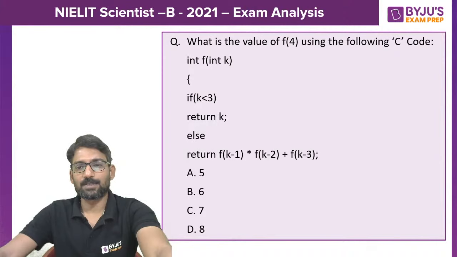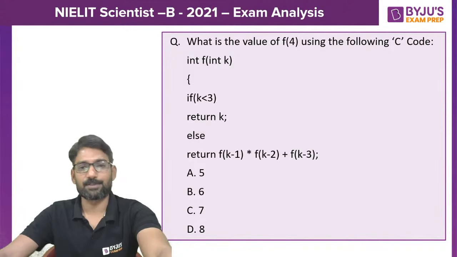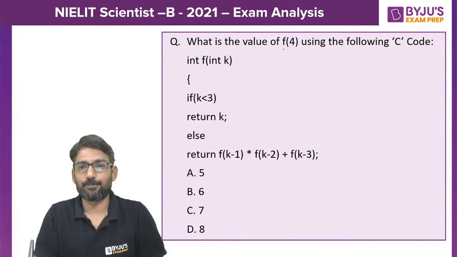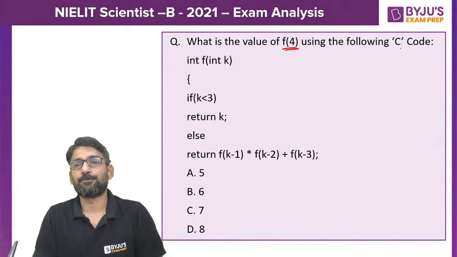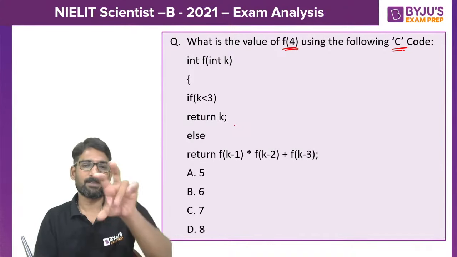So this was the question I found from the Scientist B paper, which is on recursion, a programming and data structures question. What is the value of f(4) using the following C code? So this is the code given.